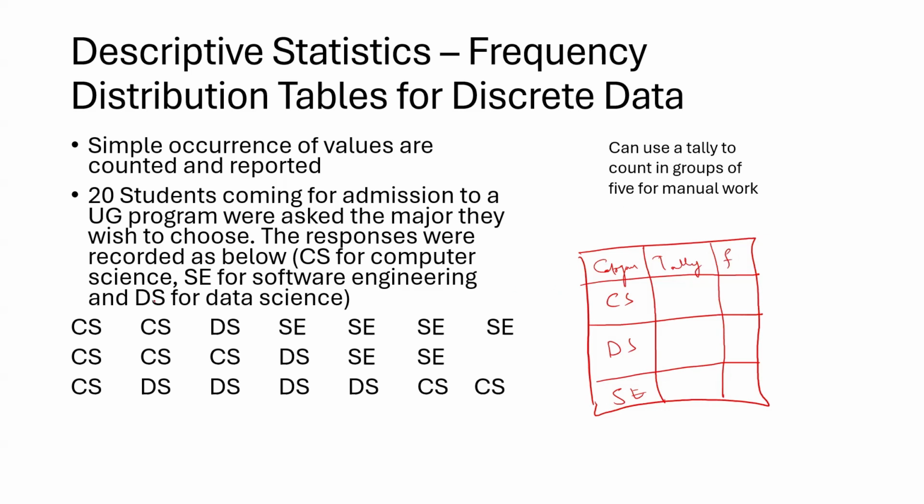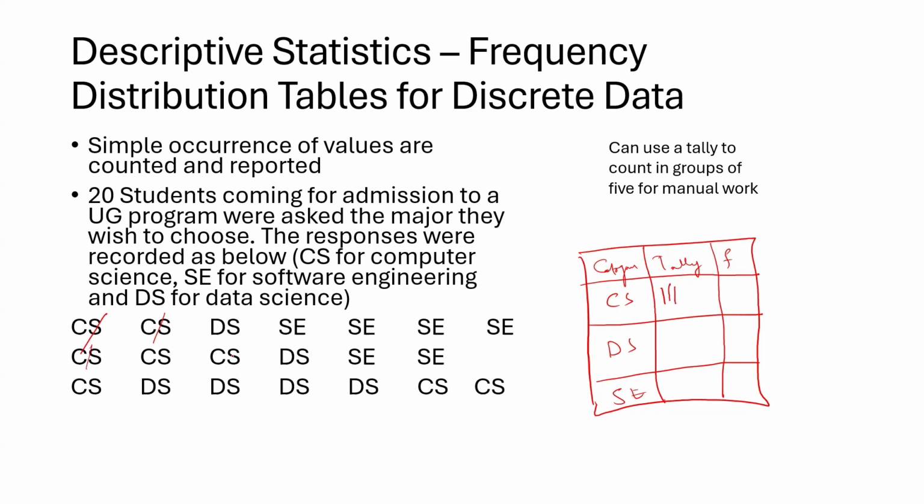So how we use the tally is it's just to make our work easy and so that we do not miss any entry. I'm going to count 1 entry for the corresponding category and put 1 bar here. Next entry, another bar comes here. Then these are not CS. Then another CS here, I put 1 bar.